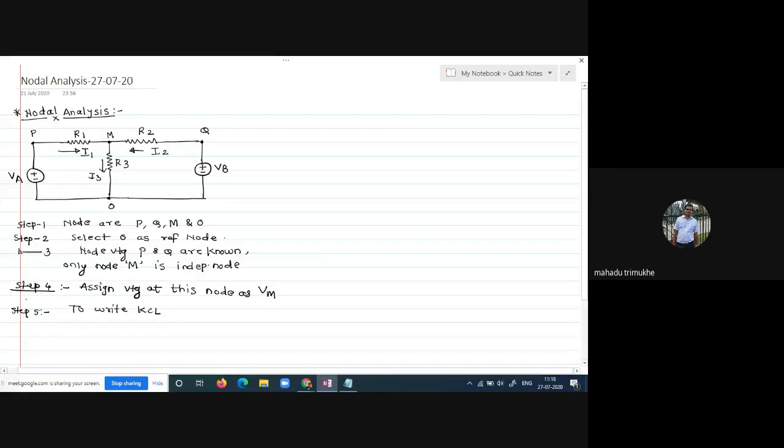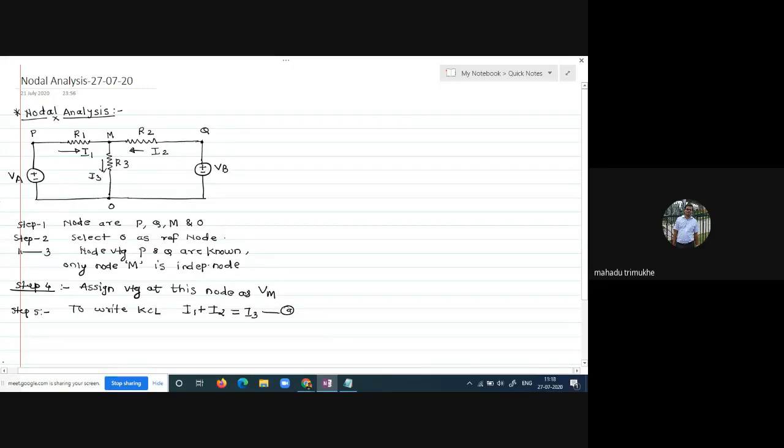So now KCL at an independent node, that is KCL at M. KCL at M is given as I1 plus I2 is equal to I3. That is equation A. So that step we have to satisfy.